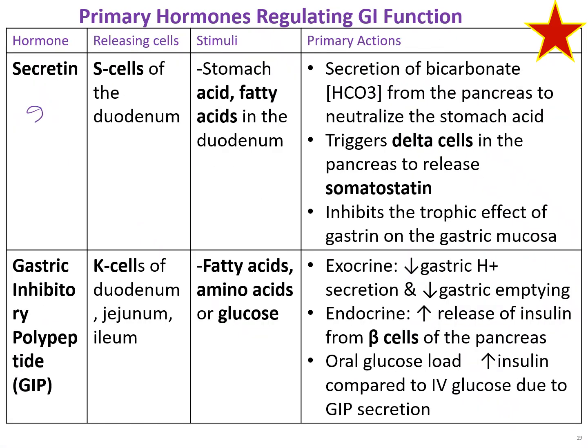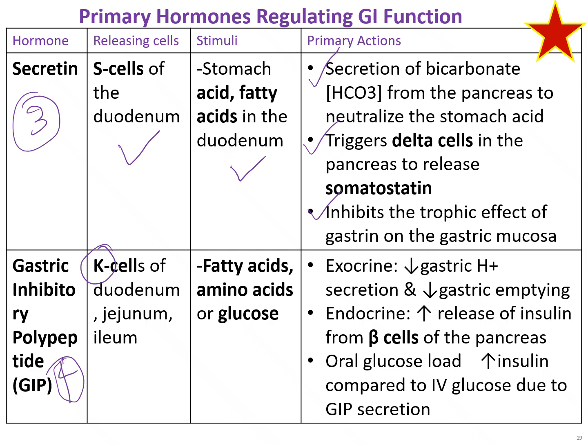Number three, secretin, mainly from the S cells of the duodenum. The stimuli are the stomach acid and fatty acids, and it stimulates the secretion of bicarbonate, triggers the delta cells, and inhibits the trophic effects of the gastrin on the mucosa. Number four is the gastric inhibitory peptide GIP, that is mainly from the K cells, whereas the secretin is from S cells.